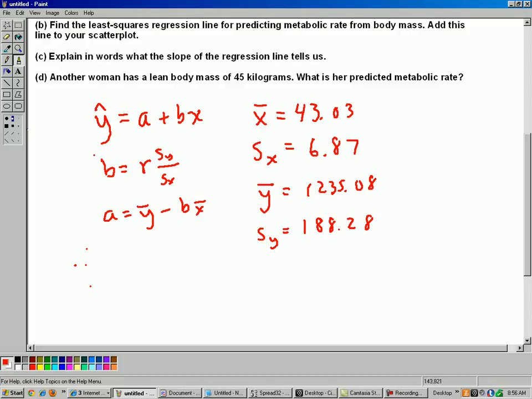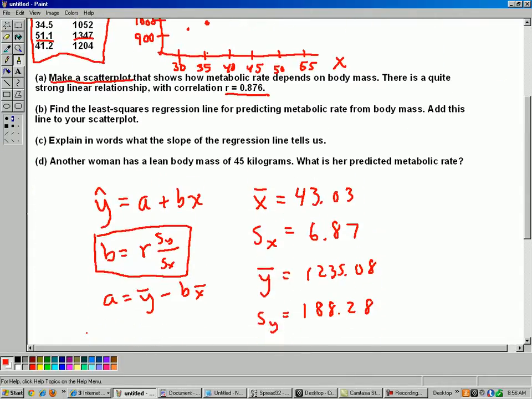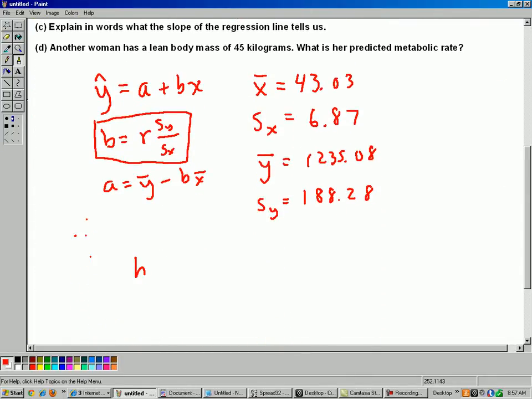So first, you have to compute the slope. And so b equals r times standard deviation of y divided by standard deviation of x. So r was given to us. R is 0.876. So now I'm going to have b equals 0.876 times standard deviation of y, 188.28, divided by standard deviation of x, 6.87.